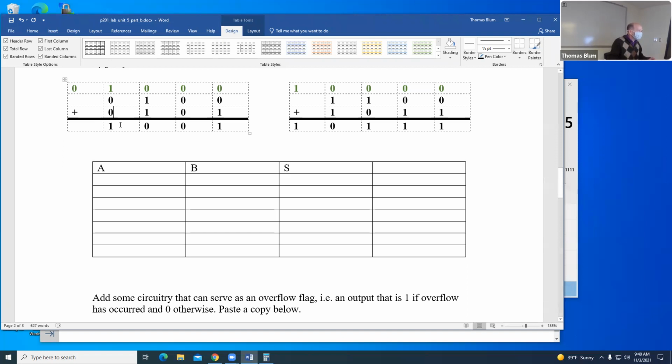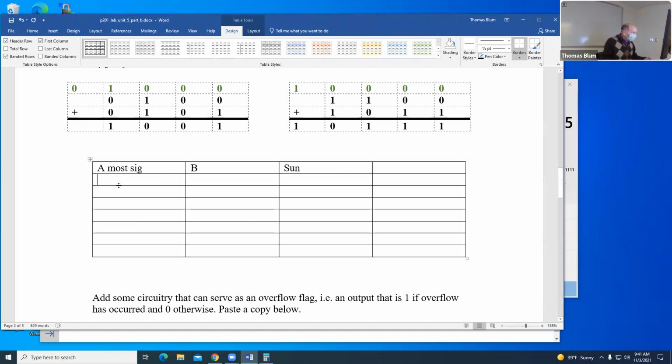That's this, this, and this in the most significant. So the most significant digit, I can't really call it the 8th place now because we're dealing with signed numbers. But the most significant digit for A, B, and the sum.